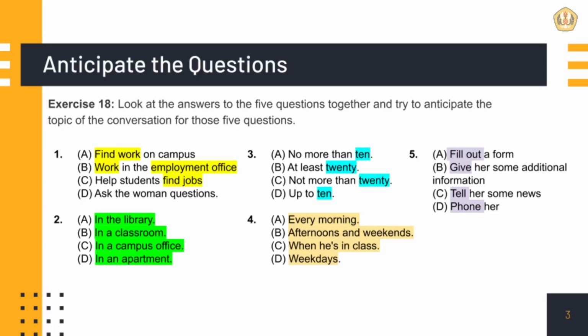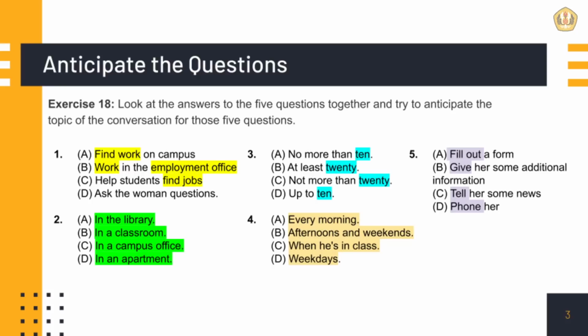So we can actually guess by looking at all of the options here. No more than 10 hours, at least 20 hours, or not more than 20. The man said that he can work at least 10 hours, but not more than 20 hours. So 20 hours at the maximum. So number three is C.